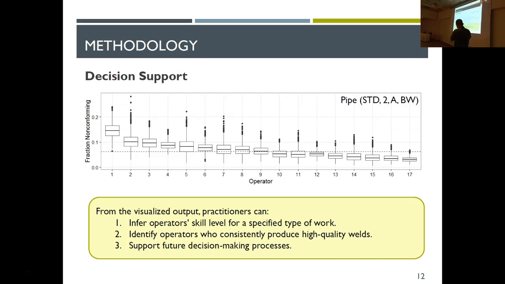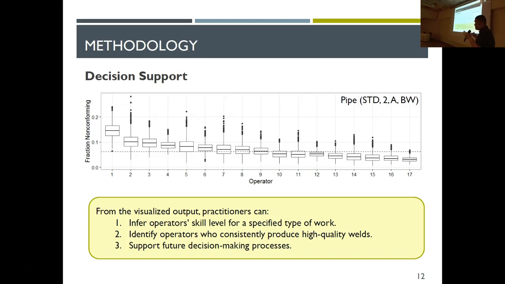As you can see, the range of those 17 operators is from, like, this one is around 15%. That's the repair rate of this weld for this type of work. And the best one is only around 5% repair rate.